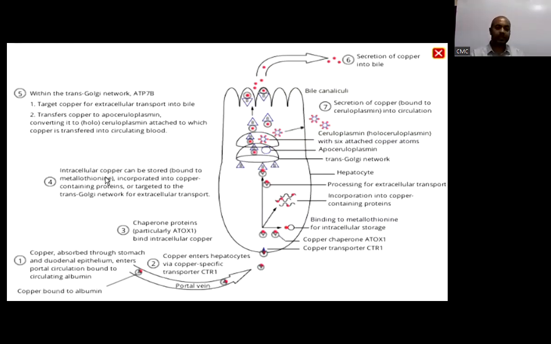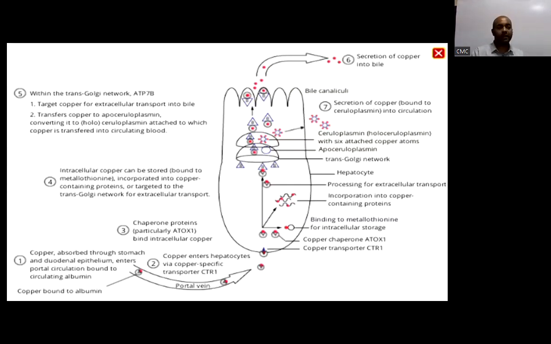In the hepatocytes, intracellular copper can be bound to metallothioneins, incorporated into copper-containing proteins, or transported out of the cell for extracellular transfer through the trans-Golgi network. Similar to ATP7A in the enterocytes, this is the ATP7B protein in the hepatocyte. Binding of copper to ATP7B targets copper for extracellular transport into the bile.